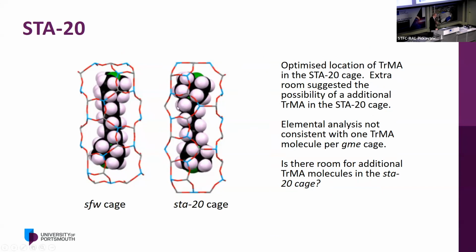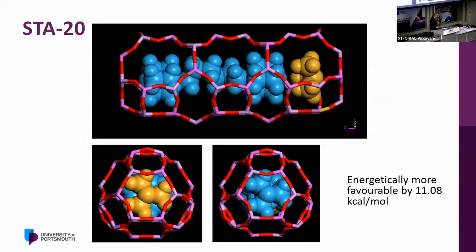In fact, it's slightly better than the template in the SFW cage, but the key thing is there's a bit more air, a bit more volume in there. And so one of the things you think is, well, are there trimethylamine templates in that cage as well? And there seems to be just the room for one of them to fit in alongside that C6 DABCO template.